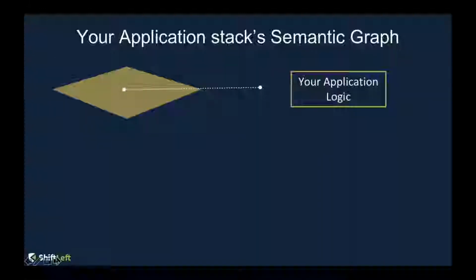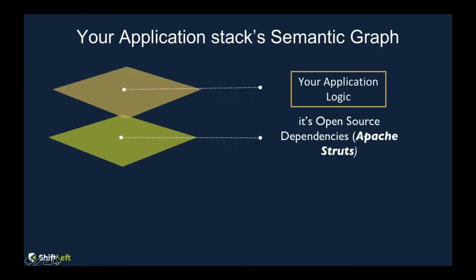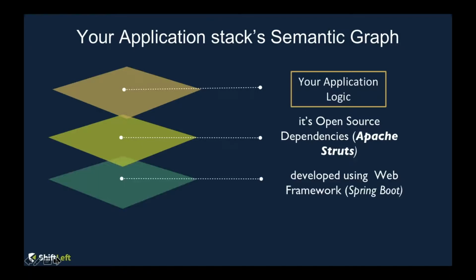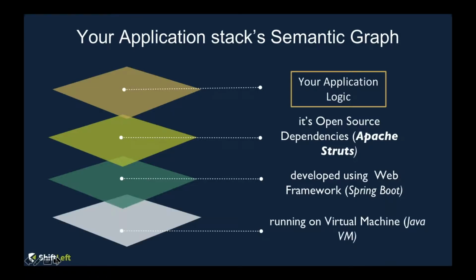What does semantic graph mean? Your application typically consists of application logic, which is serving your business need. It's using one or more open source dependencies. It's developed using a web framework and running on a virtual machine. Again, the examples here are Java.